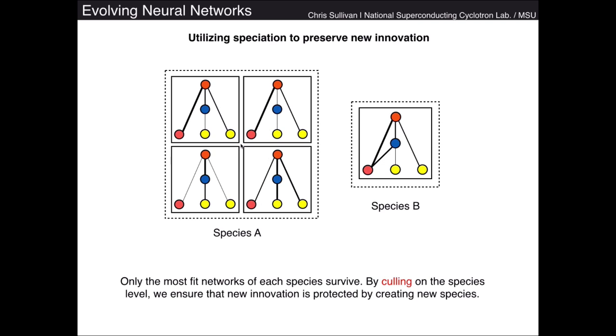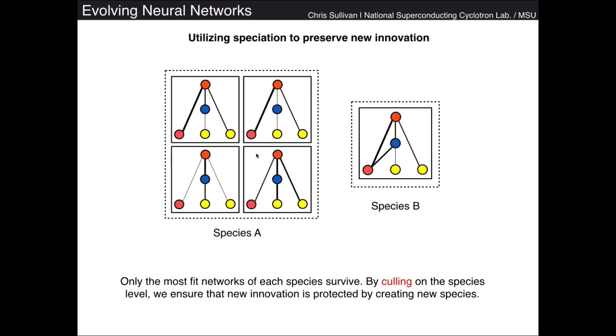Whereas these networks might have had many generations to converge or train their weights to best solve the problem at hand, this new connection's weight is not going to be optimized. And so this network is likely going to do poorly relative to these right away.